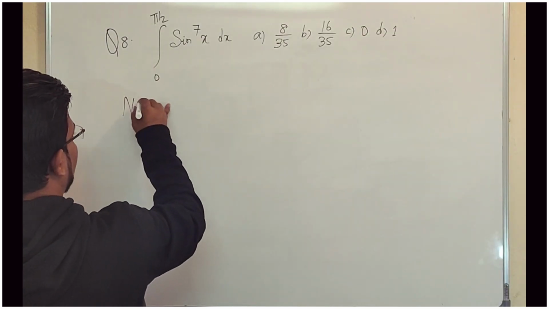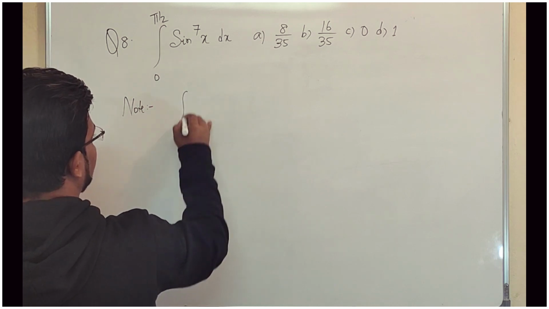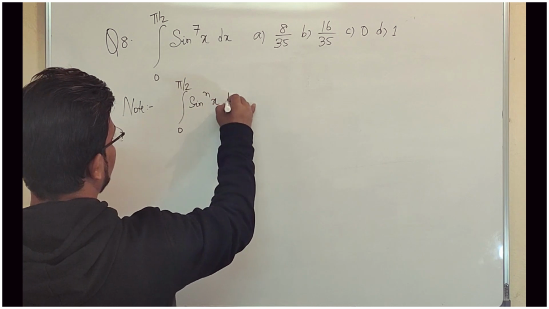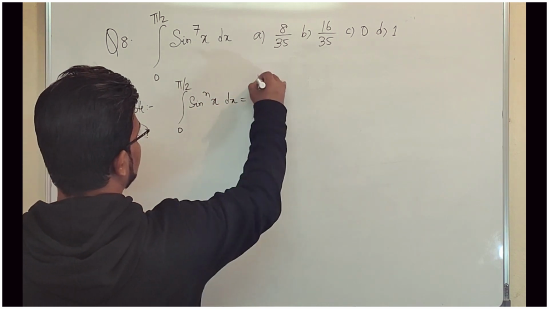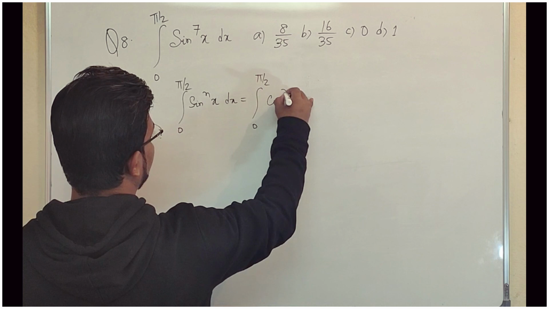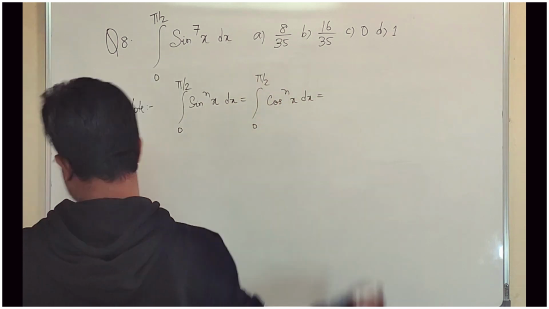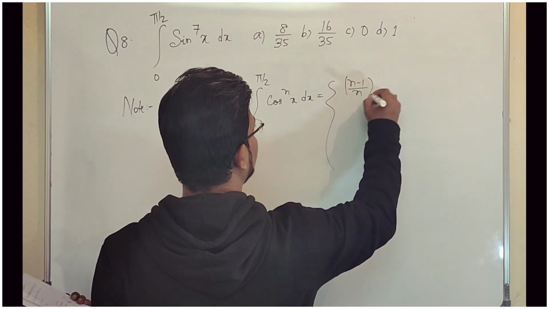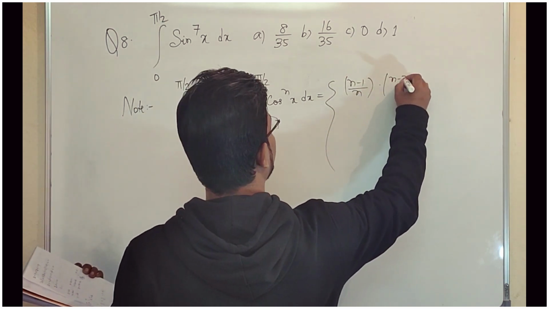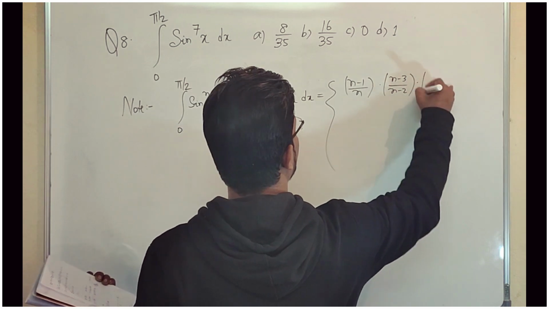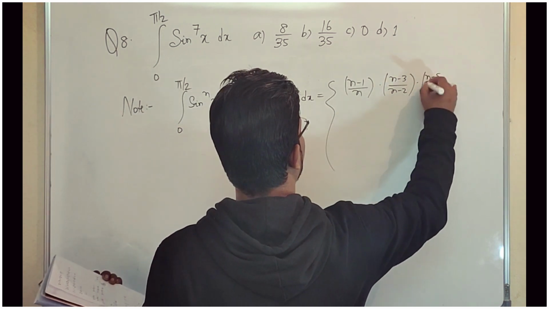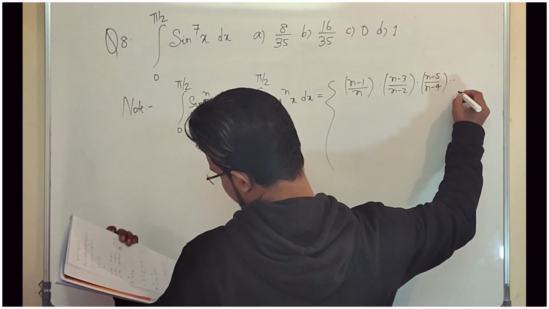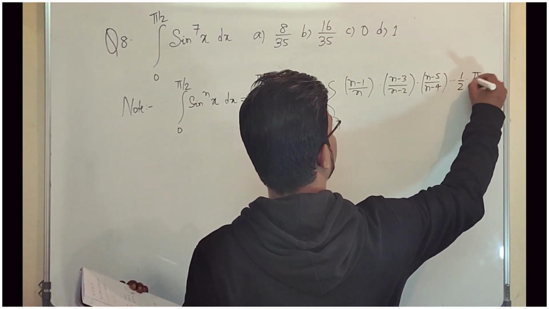So you should remember this formula: integration from 0 to pi by 2, whether you solve it for sine nx dx, this will be equal to integration 0 to pi by 2 of cos nx dx. This will be equal to, remember this, (n minus 1) by n multiplied with (n minus 3) by (n minus 2), then (n minus 5) by (n minus 4), and so on, 1 by 2 multiplied with pi by 2.